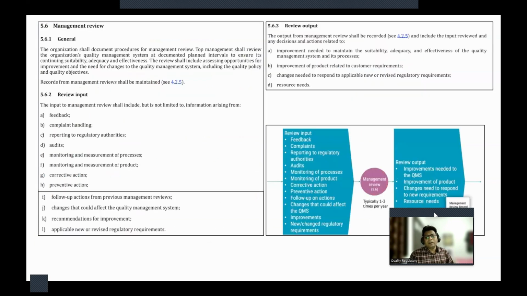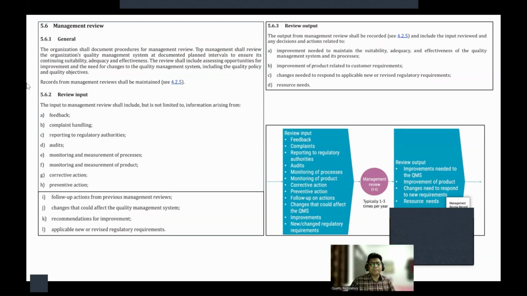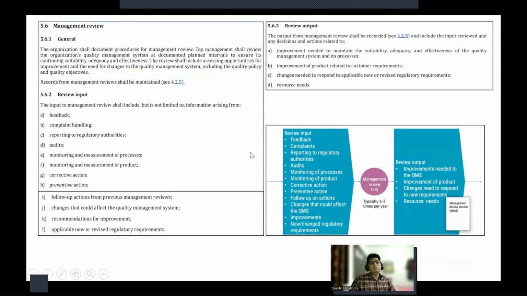So moving to the next one, this is management review. You can see over here. Okay. So as we were talking about management review regularly in previous slides, top management has to conduct the management reviews. They have to review all these, and the management representative will be there.